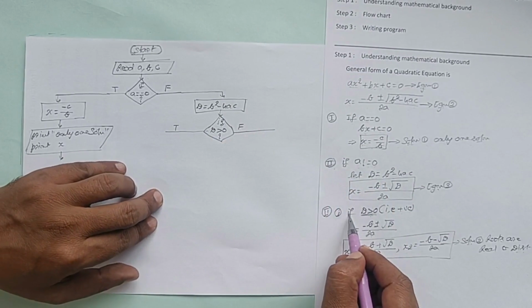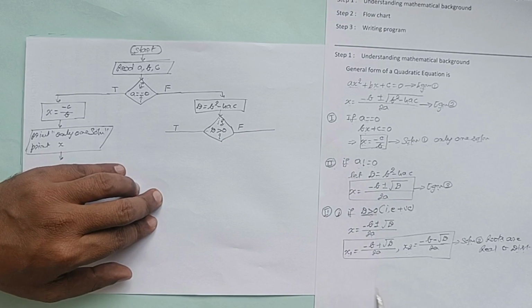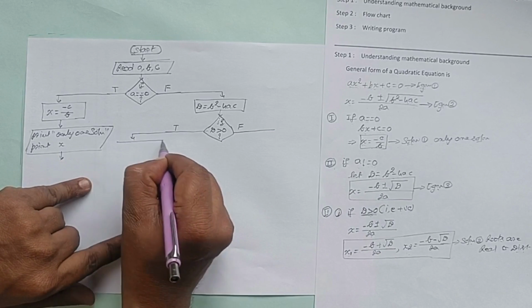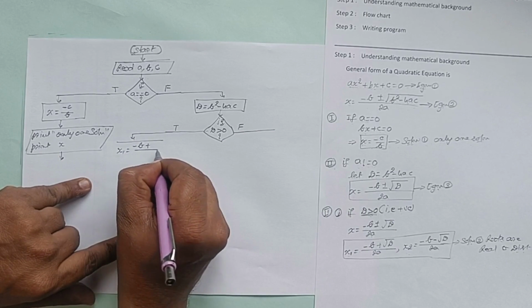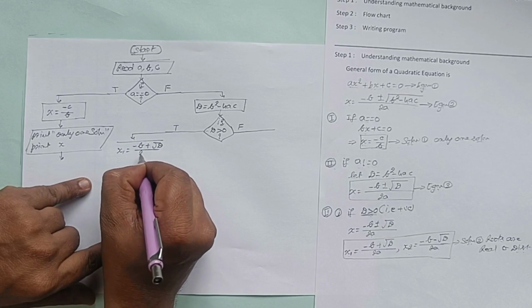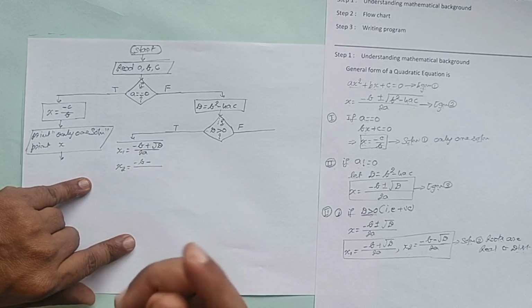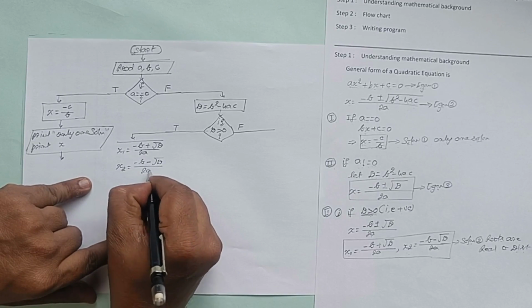If it is true, then we have to find the values of x1 and x2 using this formula. x1 is equal to minus b plus root of d by 2a. This is the first root. The second root is x2 is equal to minus b minus root of d by 2a.